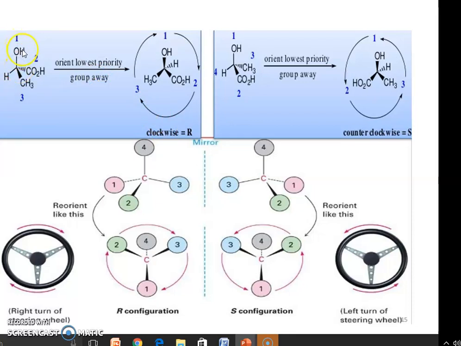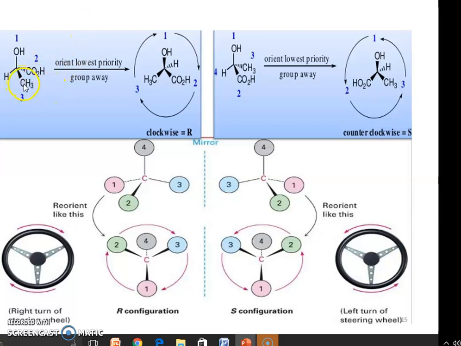OH is of highest priority, the second one is CO2H, this is third, and this is fourth; the least one is hydrogen. So the lowest is towards the viewer, and you can orient the molecule by exchanging groups twice. How do you exchange?